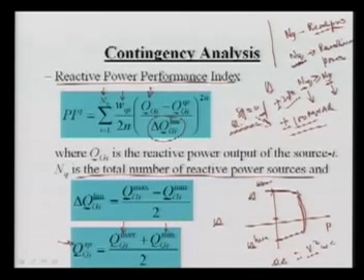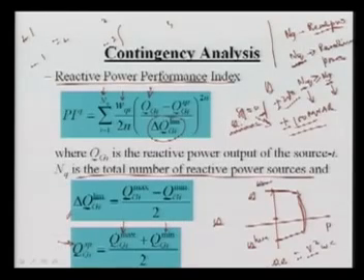For one, the limit is plus 1 to minus 1. For another reactive power generator, you are having plus 2 to minus 2. Now you can see in this range this value is 4. Here you are having 2. So if you are dividing by the range, this value is very close to that.